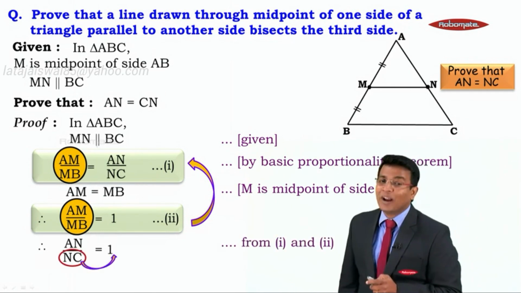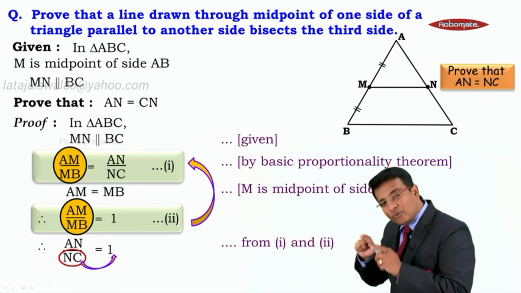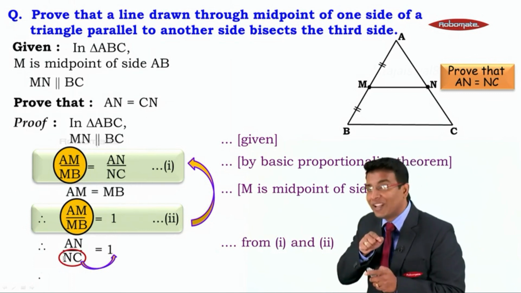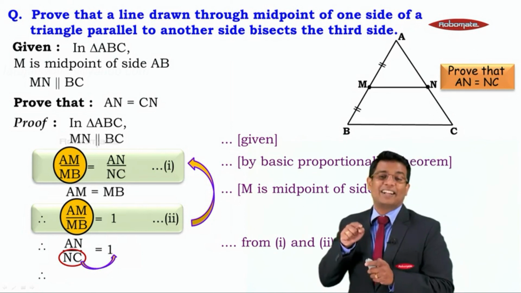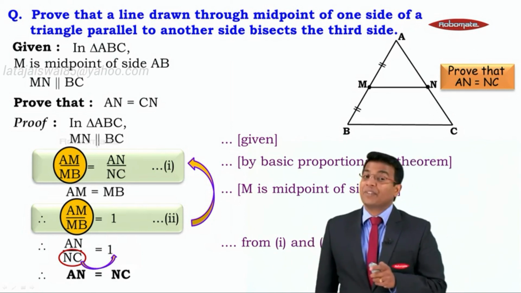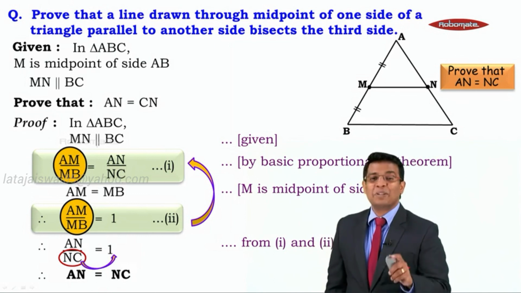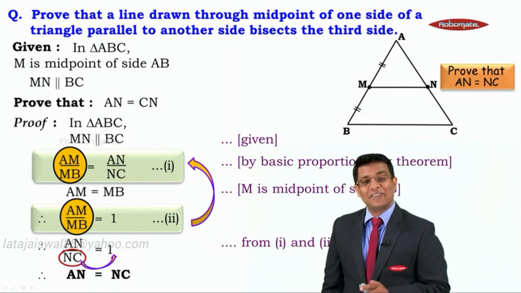We got it from 1 and 2. Now we just shift that NC by cross multiplication on the right hand side. So we get AN equal to NC, and we get our proof. Isn't that easy? A simple proof. We got AN equal to NC. Done.